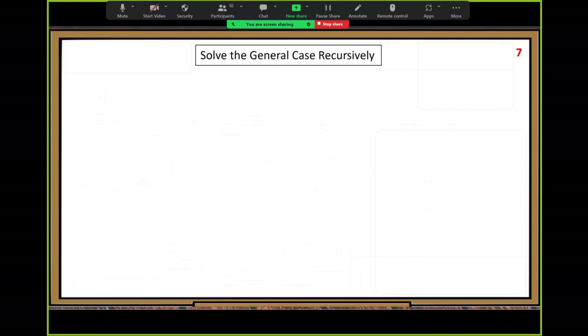Now, let's do it here, the general case. And in the general case, you can see for P of n, it could be very complicated.